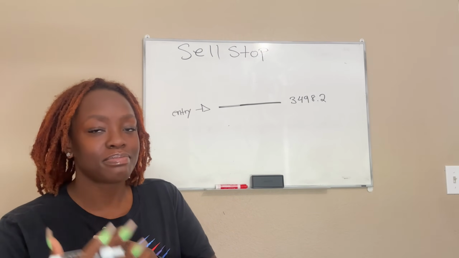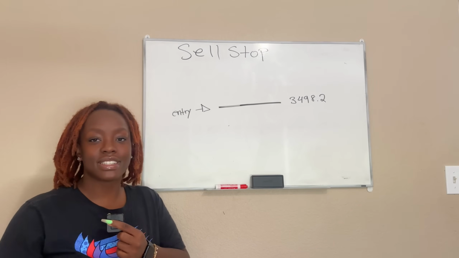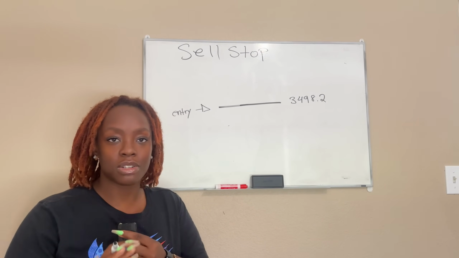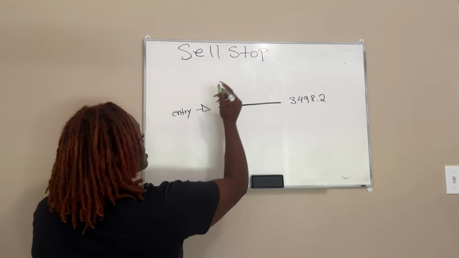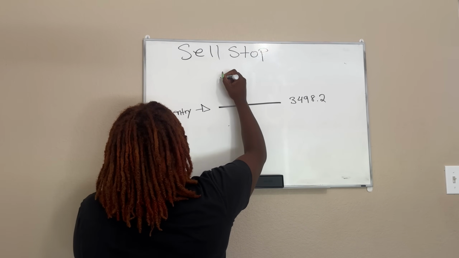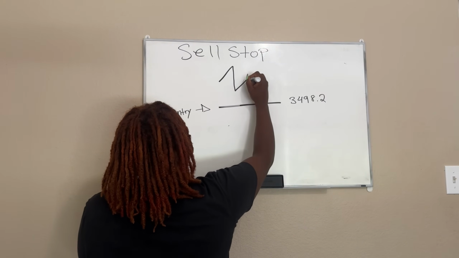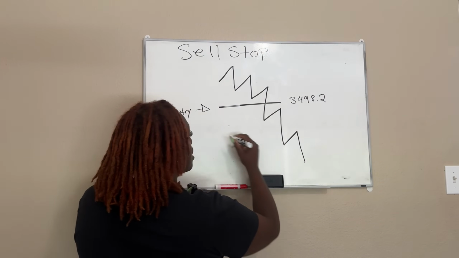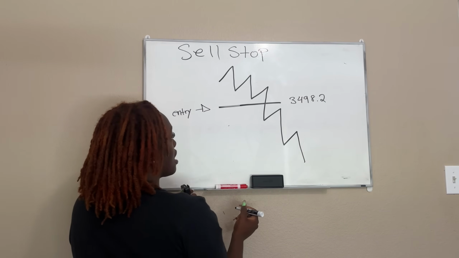Now with the sell stop, what do you think it is? The same thing as a buy stop, except we're going in the opposite direction. Okay. So this is what it looks like. This is what a sell stop looks like.